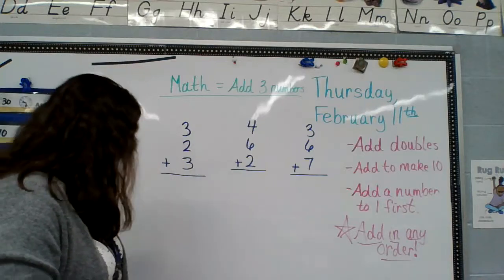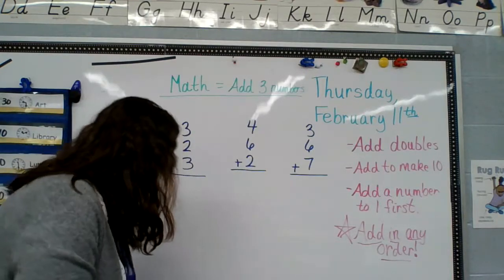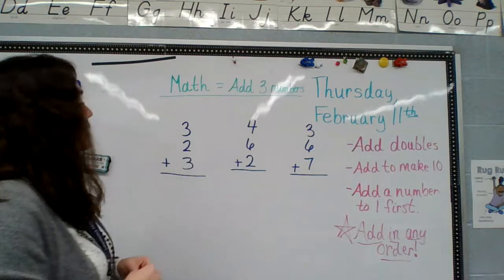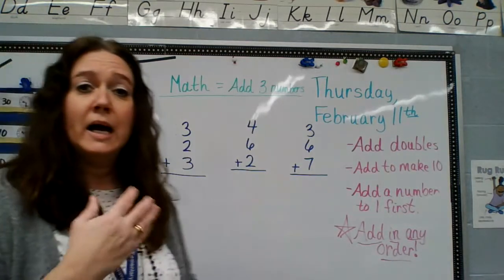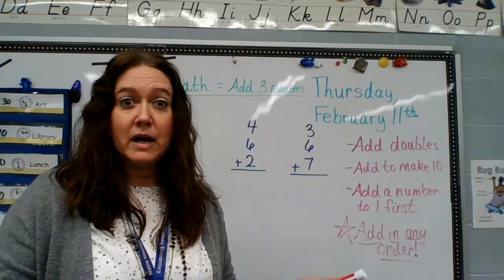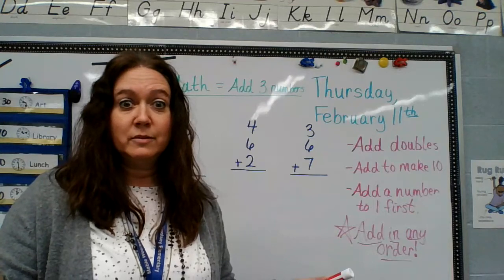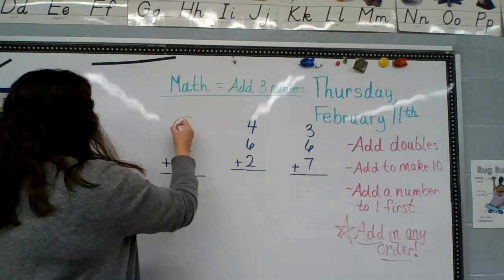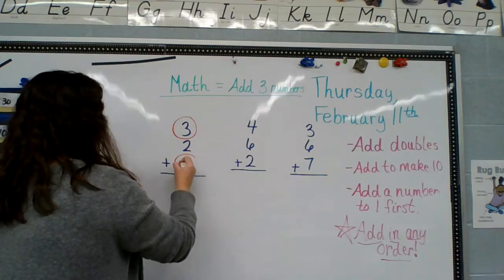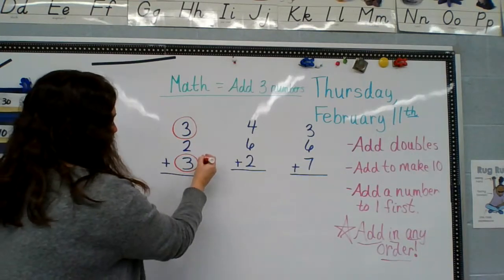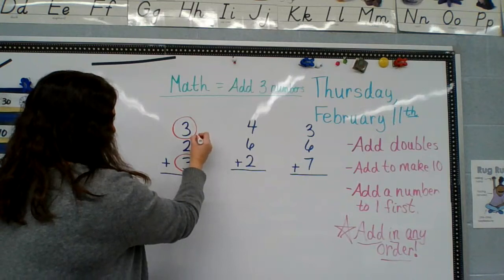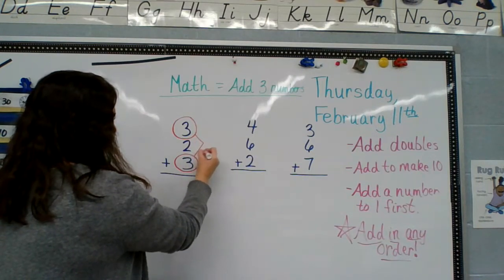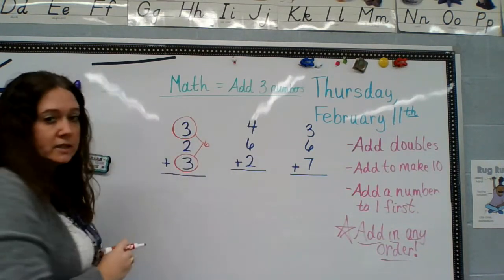All right, so 3 plus 2 plus 3. Like I said, I see a double. Maybe let's add doubles first. 3 plus 3, and you could write it over here if you wanted to, like we've done before. 6.